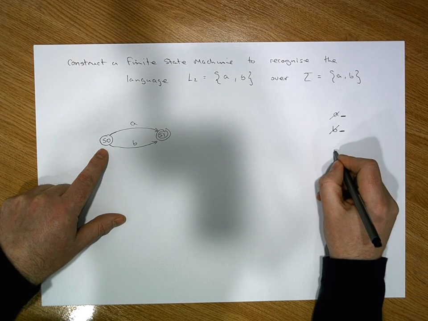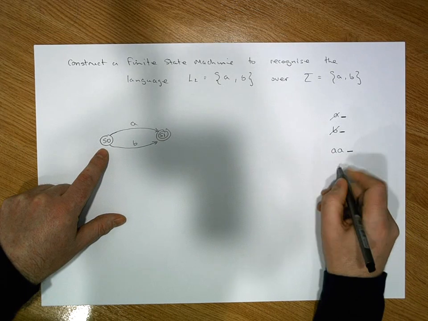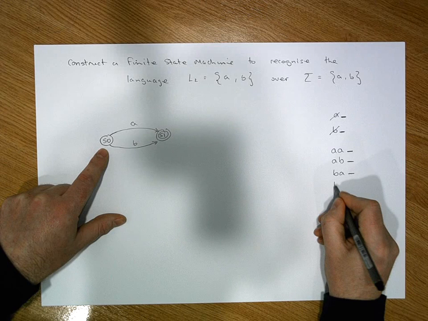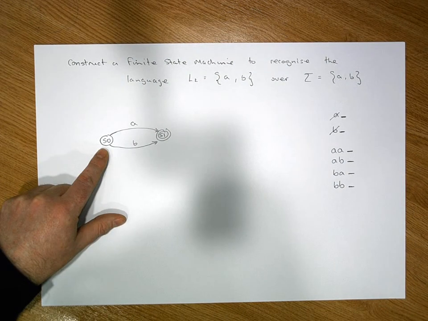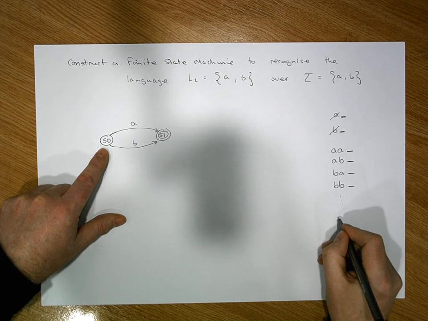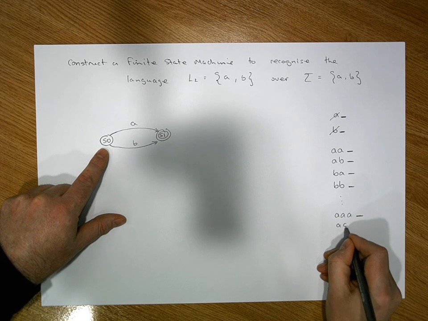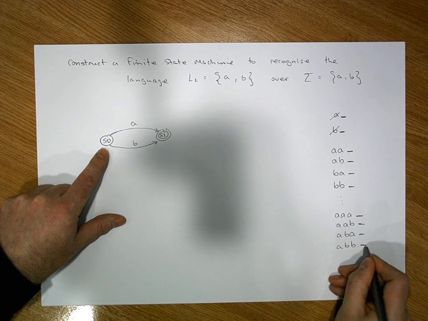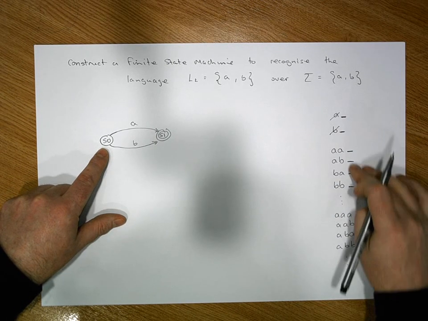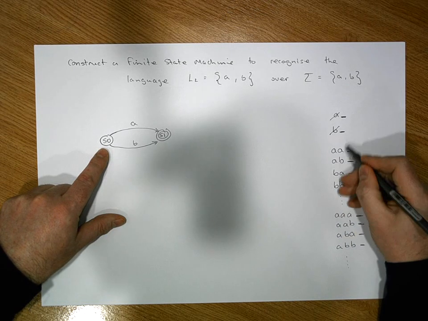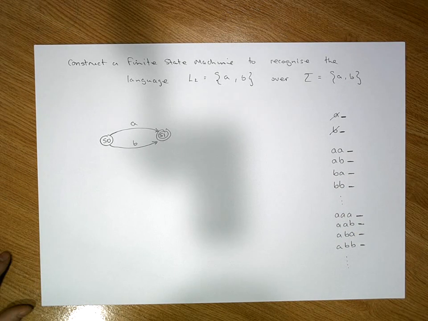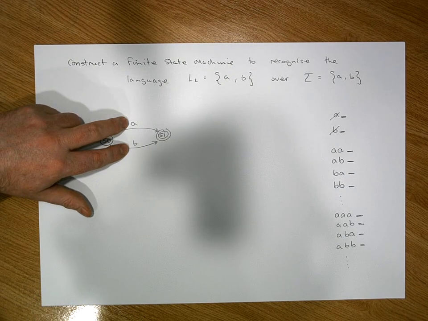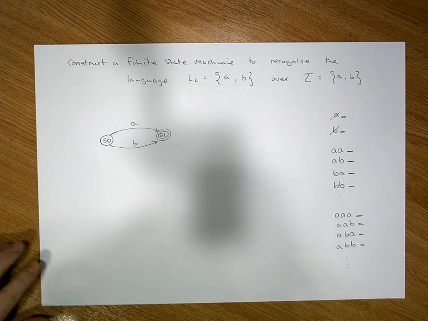But what would happen if we passed in AA, or AB, or BA, or BB to this machine, and so on and so forth? What about AAA, AAB, ABA, ABB, and so on? It shouldn't recognize any of these, but it should always try to consume the characters passed into it. At this stage we recognize words of length 1 that are A's or B's, but we shouldn't recognize anything else.